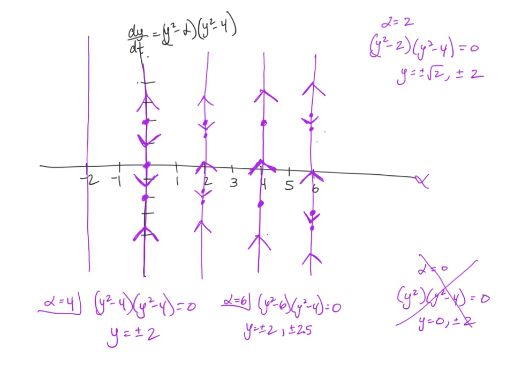And then last one, I have to do alpha equals negative 2. So I have y squared plus 4 times y squared minus 4 equals 0. Y squared plus 4 has no real solutions when that is set equal to 0, so I just have y equals plus or minus 2 again.